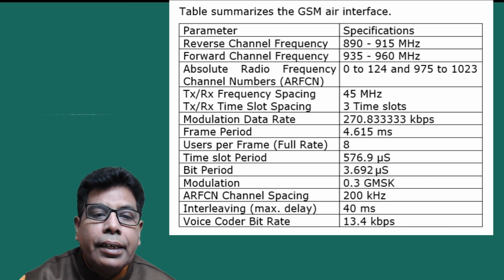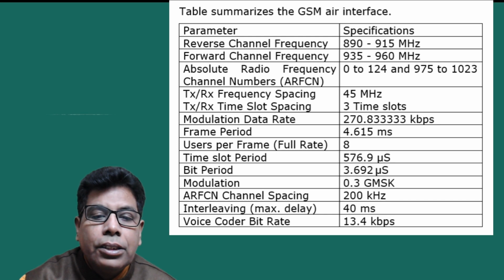Then modulation data rate is 270.833 kbps. Then frame period is 4.615 milliseconds. Then users per frame is 8. Then time slot period is 576.9 microseconds. Then bit period is 3.692 microseconds.